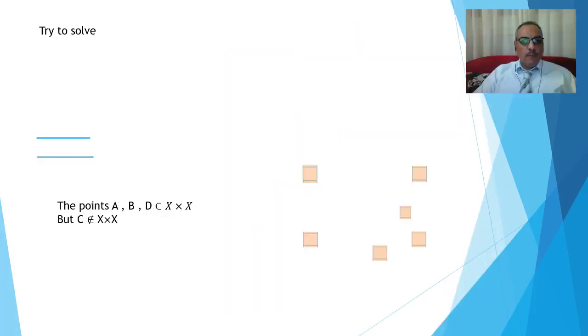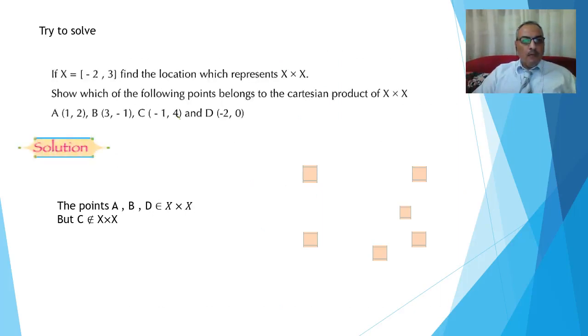We use this to now take another example. It's very easy and very important. The set of the interval -2 and 3 is infinite. Find the location which represents x product x. Show which of the following points belongs to the Cartesian product x.